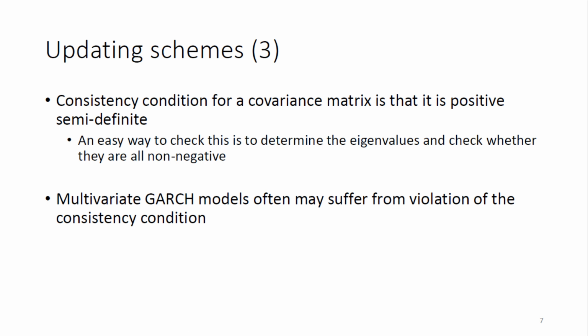So it's more difficult than simply estimating the model, but on top of that, there is this important consistency condition that may be violated quite often. So that makes it a bit less attractive to use GARCH models for correlation and covariance updating.